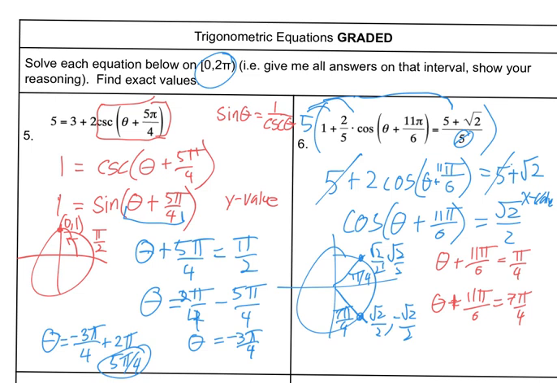Getting theta by itself, we've got pi over 4s and pi's over 6. Those are going to be pi over 12s. So 3 twelfths minus 22 twelfths would be negative 19 pi over 12. We need the positive thing, so we're going to add 2 pi to that. And when we do that, we get 5 pi over 12. For the other one, we've got 7 pi over 4 minus 11 pi over 6.